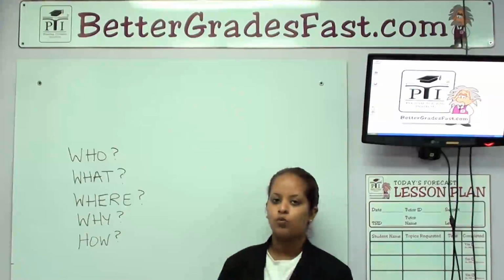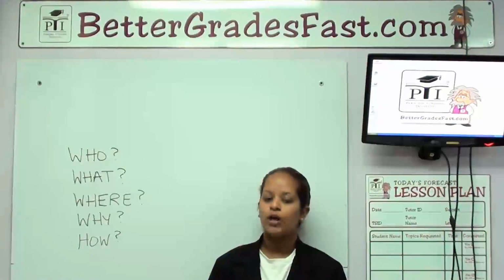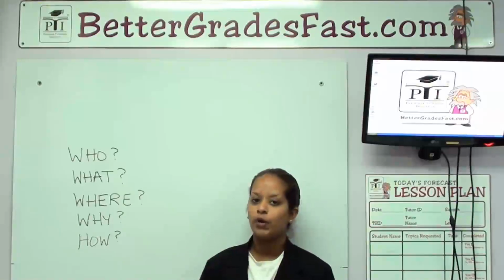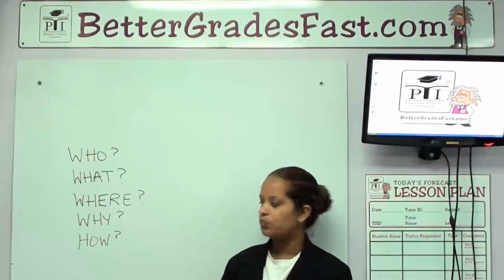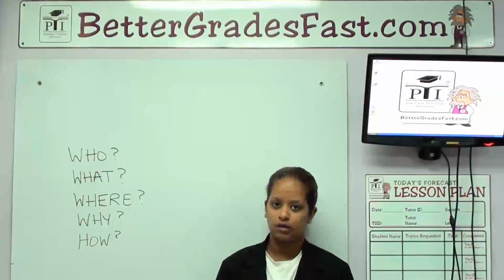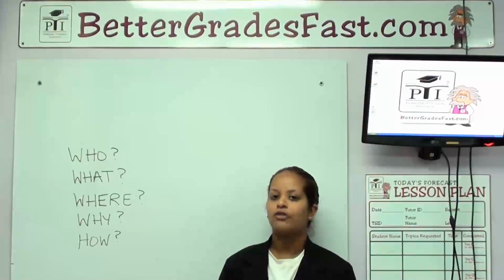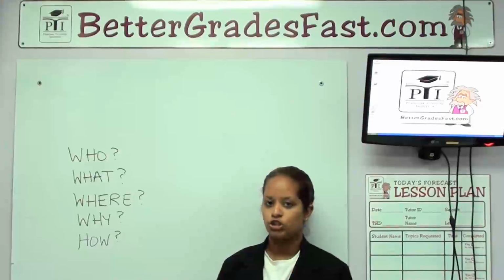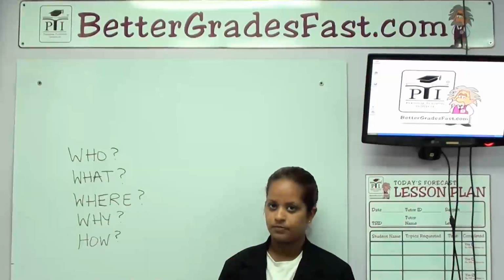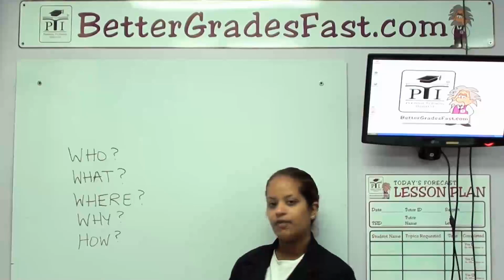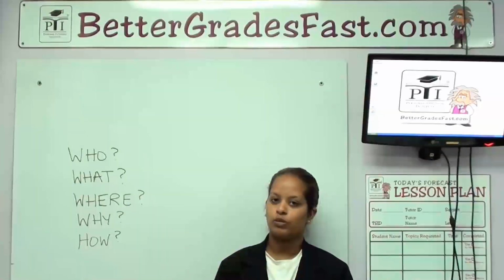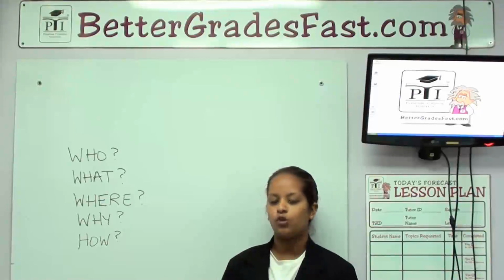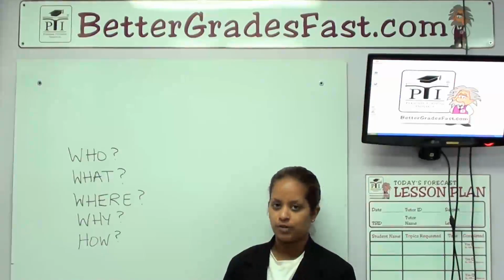Now let's look at why. When you are answering the interrogative why, you are going to have to give a response that shows a reason. The reason usually begins with the conjunction because. Therefore, whenever you are responding to a question which begins with why, you usually find the word because in your response.